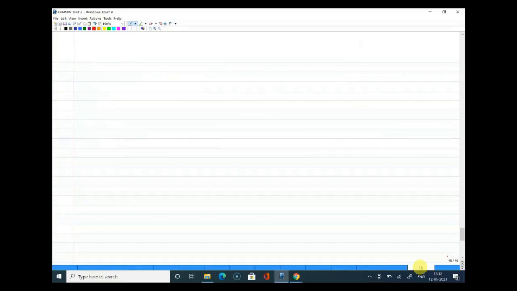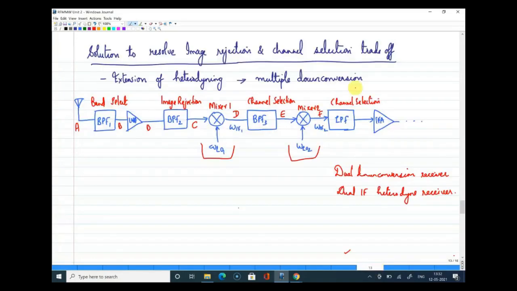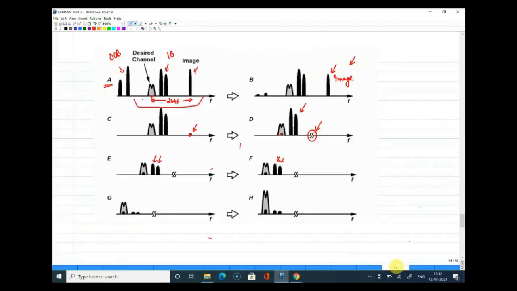Now after that, you have the next channel select filter, but now since your omega IF2 is small, you have a better channel select filter, and you are able to get rid of the close by interferers also, right? And finally this is getting amplified, and this is the amplified result, where you have the desired signal and there is small corruption coming from the images in the stages.